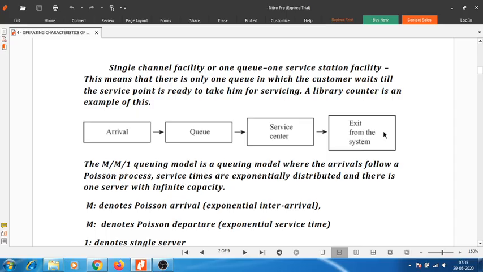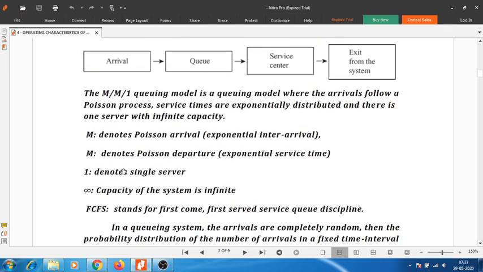In this one queue one channel model, what is the M here? The first M means the arrival distribution is Poisson. The second M stands for the inter-arrival times being exponential. How many service channels here? Only one service channel.